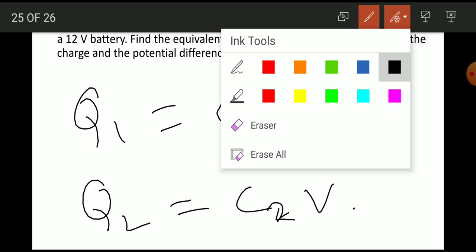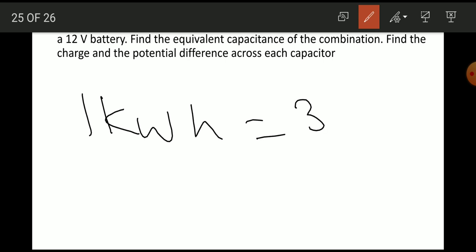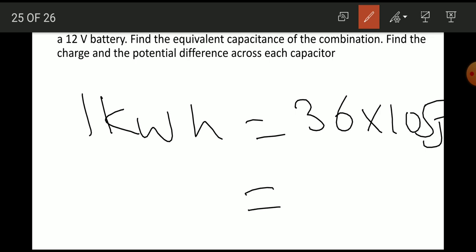Some information for you people. 1 kilowatt hour is equal to 3.6 multiplied by 10 raised to power 5 joule.